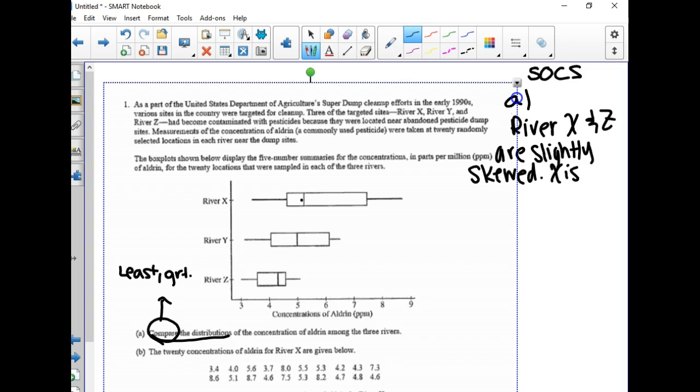X is skewed right. And Z is skewed left, where Y is more symmetric.